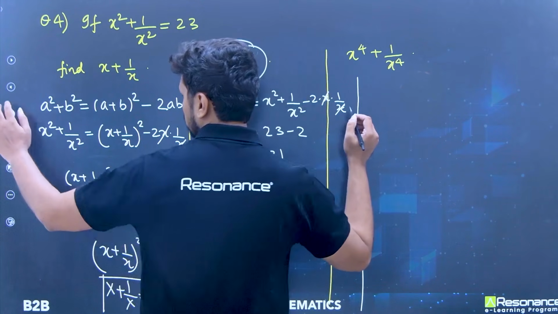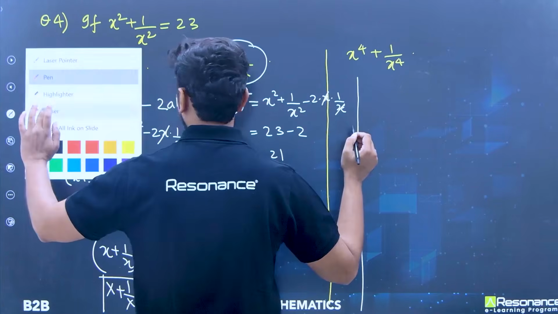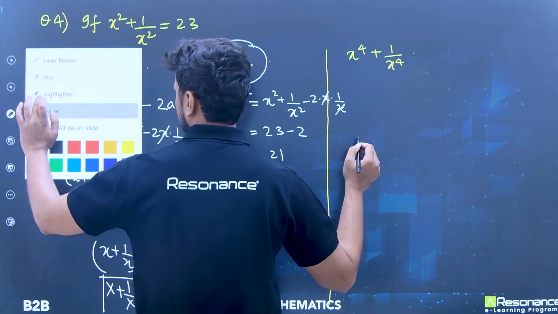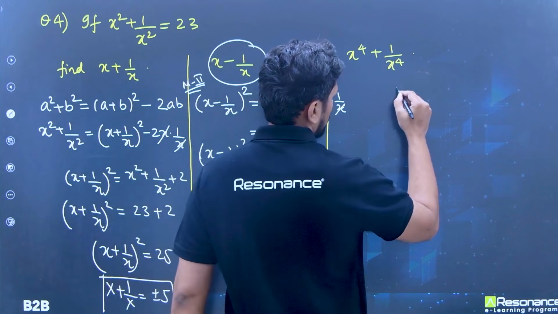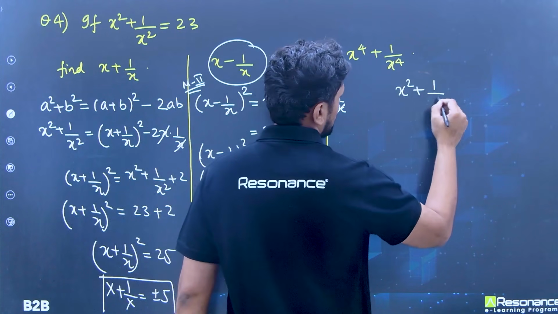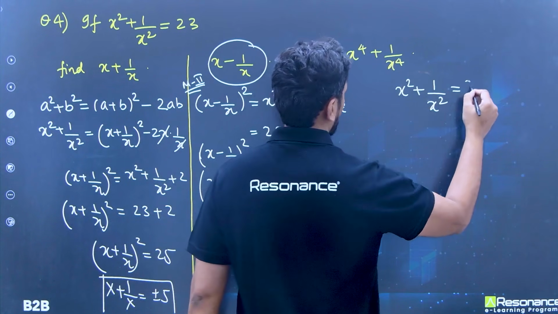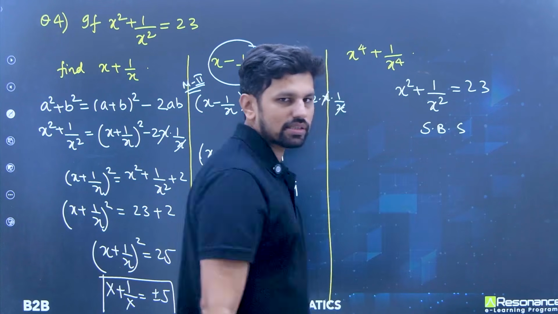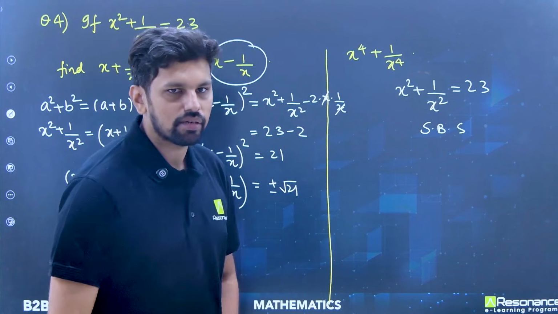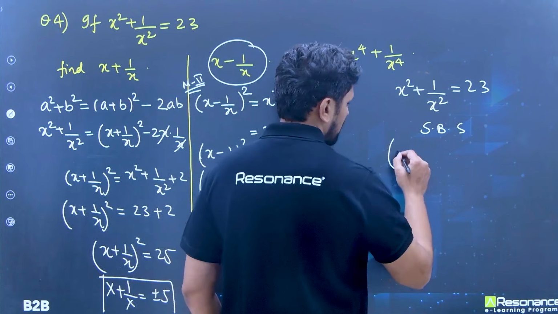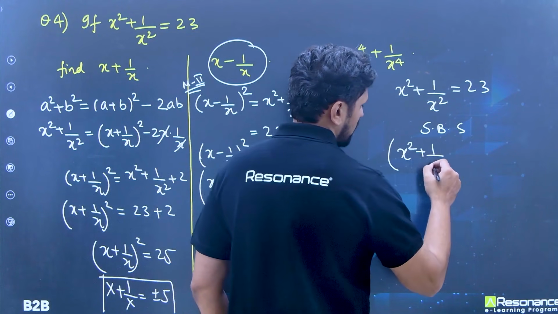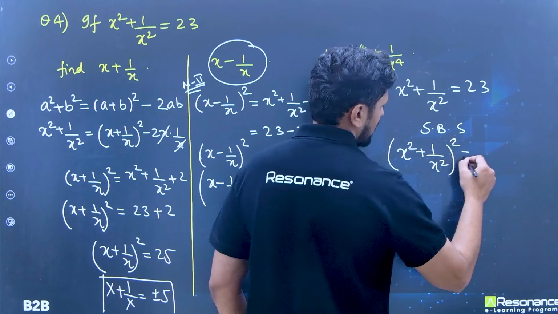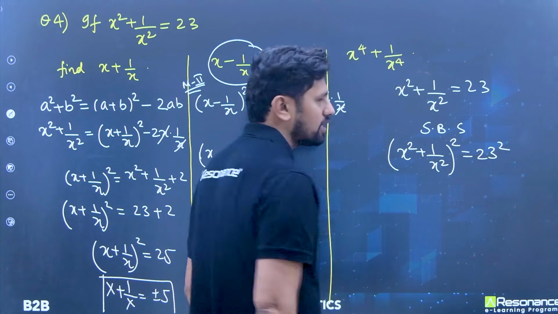So what will we do? See here, we know x square plus 1 by x square is given as 23. We will square both sides. So this will become x square plus 1 by x square whole square equal to 23 square.